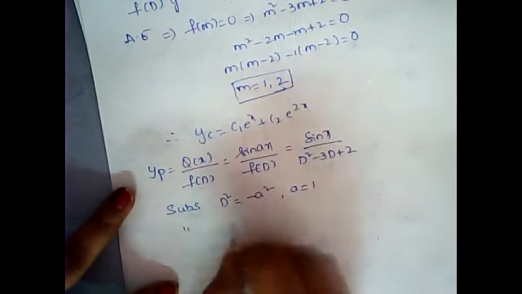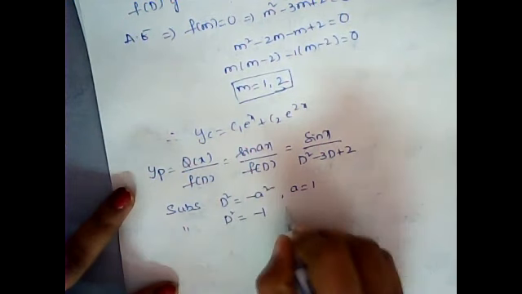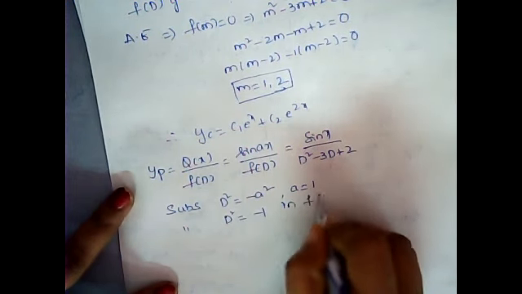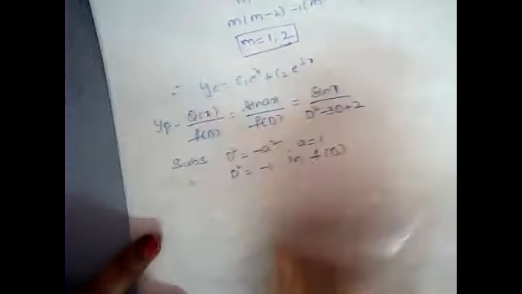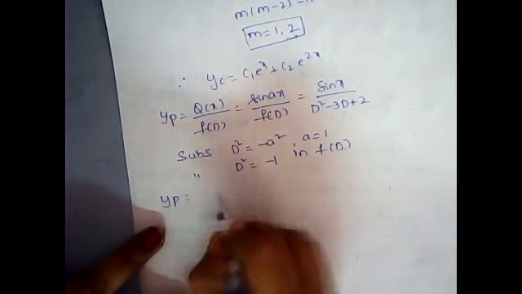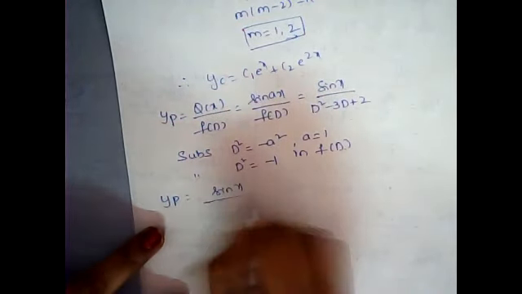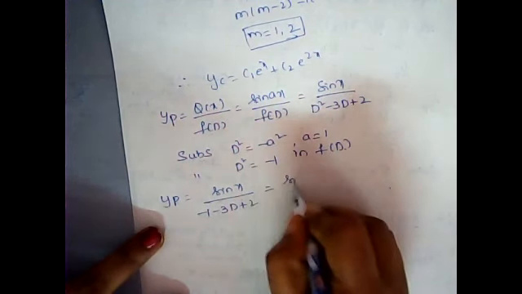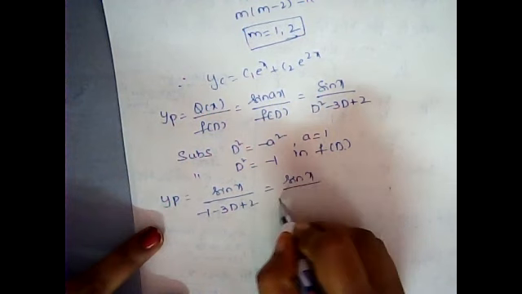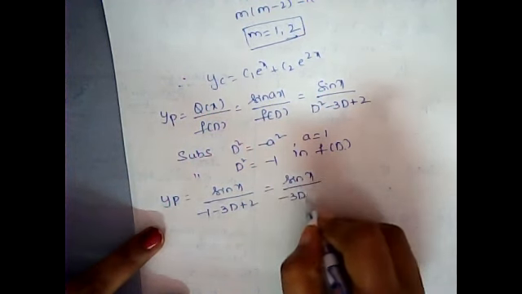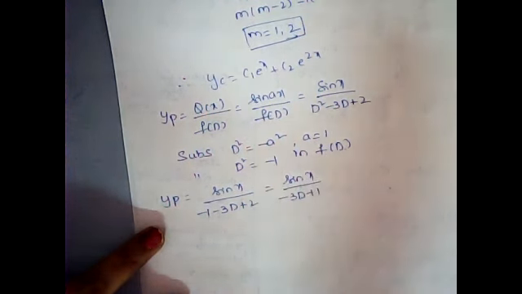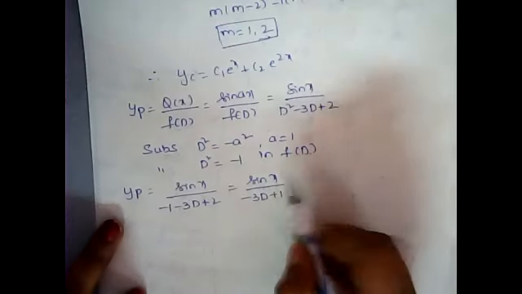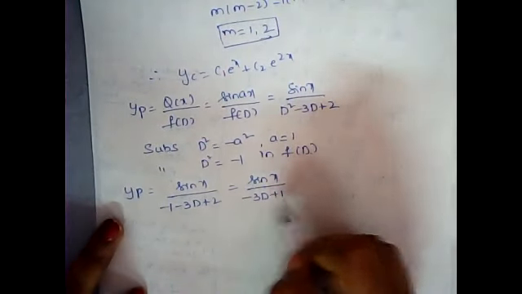Means we need to substitute D squared equals minus 1 in f(D). So yp equals sine x by minus 1 minus 3D plus 2, which gives sine x by minus 3D plus 1.